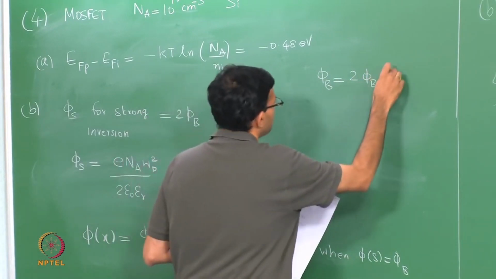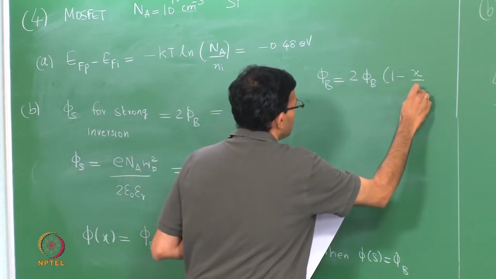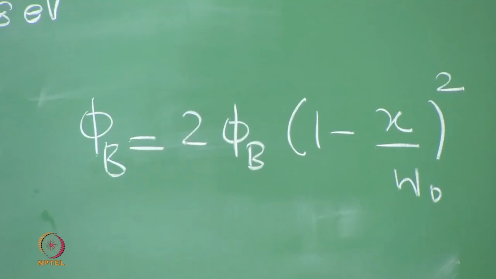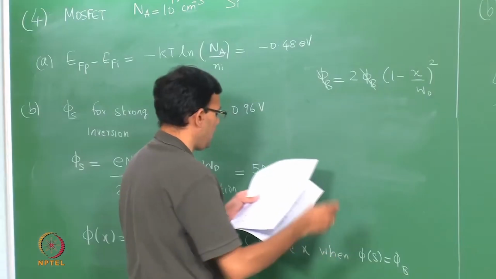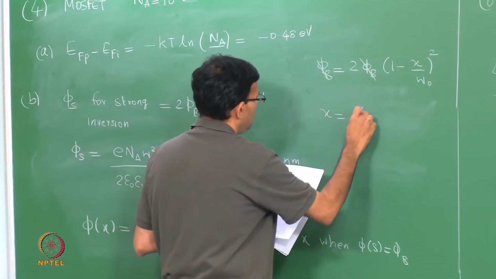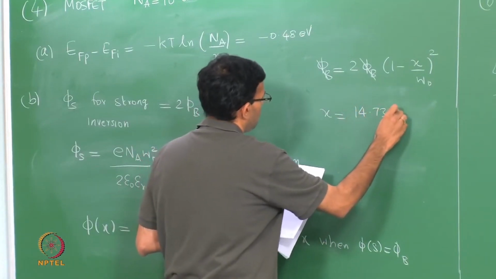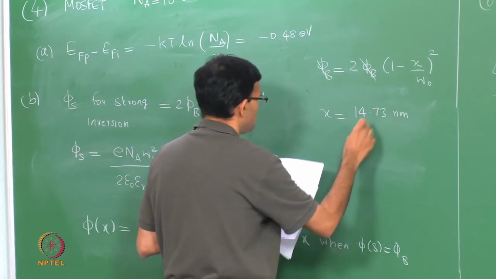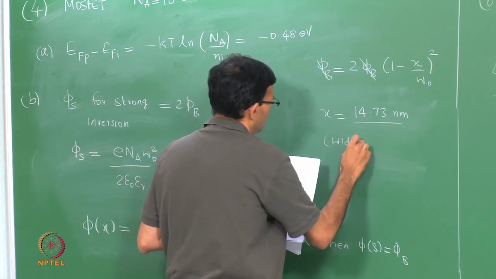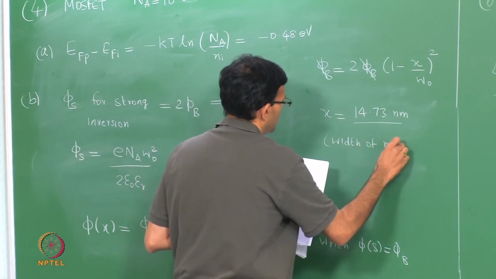This is something we have seen in class, 1 minus x over W d the whole square. So, W d is known, so we can calculate the value of x, and x is essentially 14.73 nanometers. So, this is the width of the N channel.